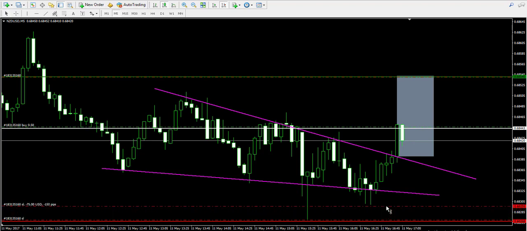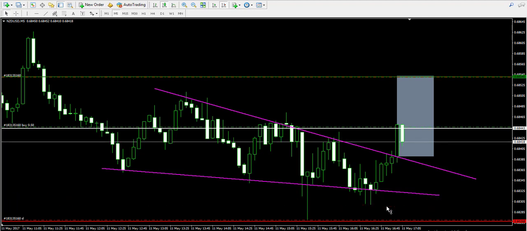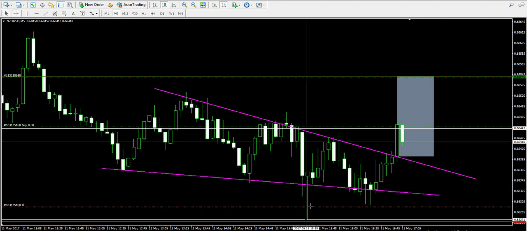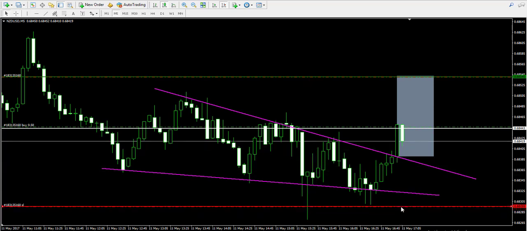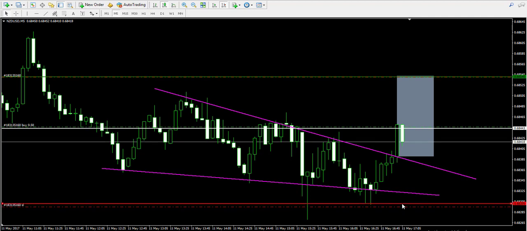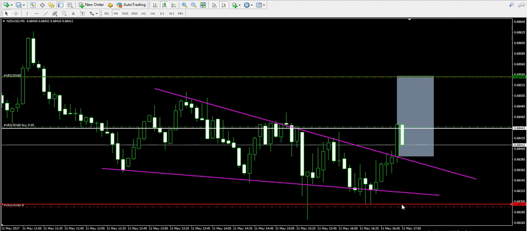So I'm going to readjust my stop loss order so it will contain the last top on the chart but not the top of the candle, and this way the trade will be more reasonable in my opinion.